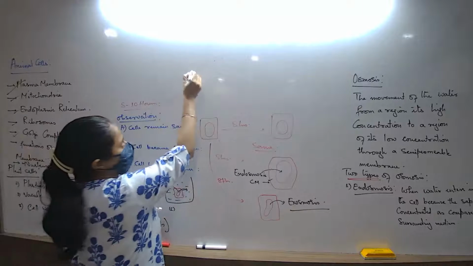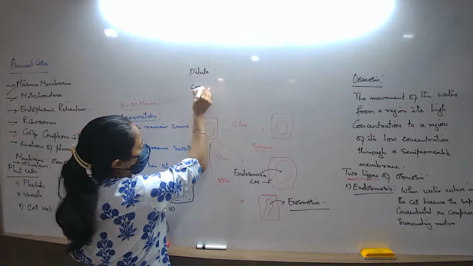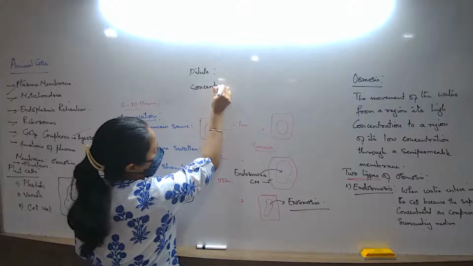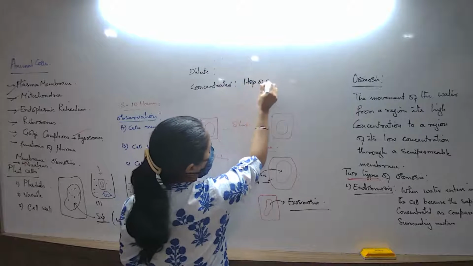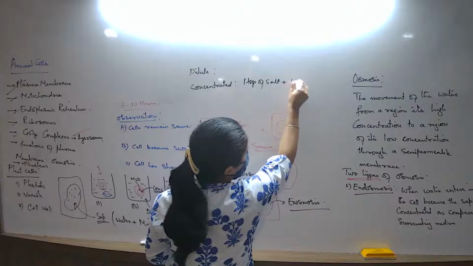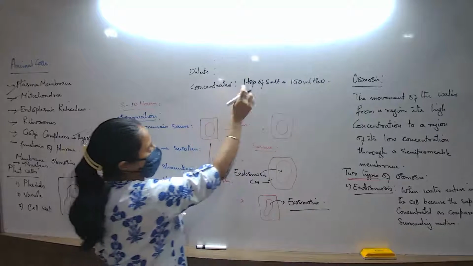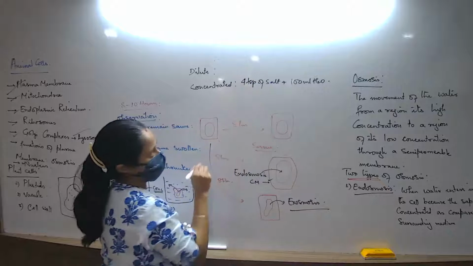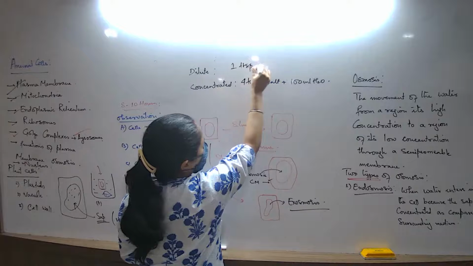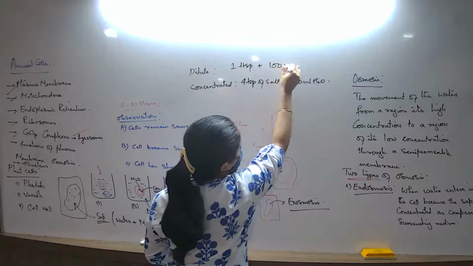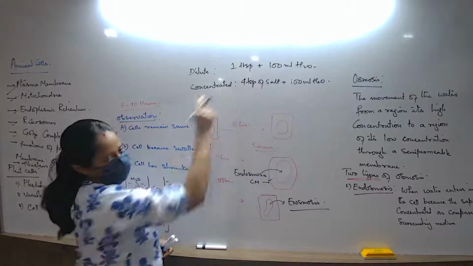Always remember what is the meaning of dilute and what is the meaning of concentrated. 4 teaspoon of salt and 100 ml of water is concentrated, 1 teaspoon plus 100 ml of water is dilute. ये comparison याद रखना है.